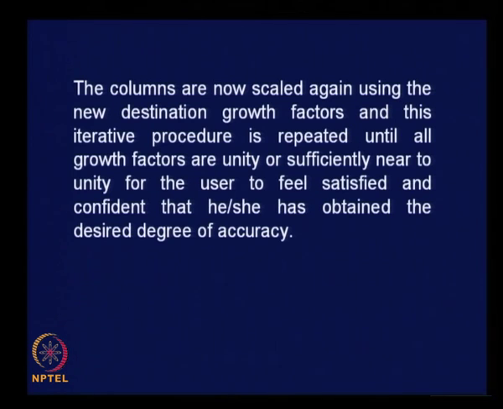That is more important, your satisfaction is more important, and confidence that he or she has obtained the desired degree of accuracy. The desired degree of accuracy is left to your desire. You fix a level of accuracy and try to attain that level by the iterative process.